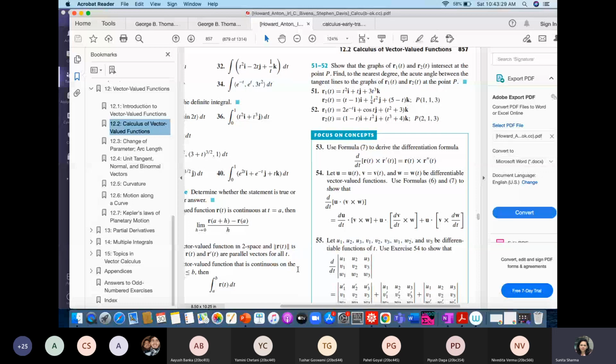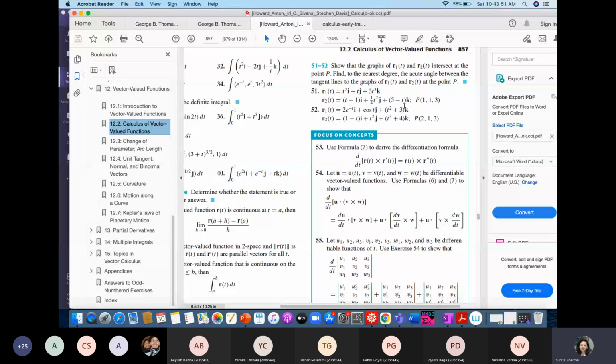Here you have to again show that they intersect. Such questions we have done, given two equations of lines, show that they intersect at a certain point. So basically you have to find what is T for which you get the same expression.